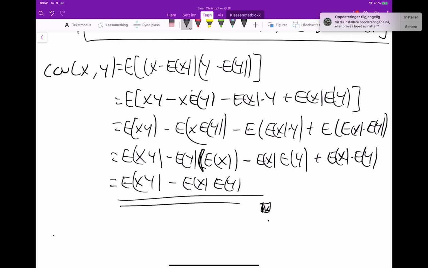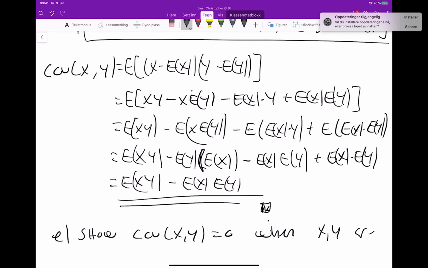Then we can take E, and we are asked to verify or show that if x and y are independent, then the covariance of x, y is equal to 0. Show covariance x, y equals 0 when x, y are independent.